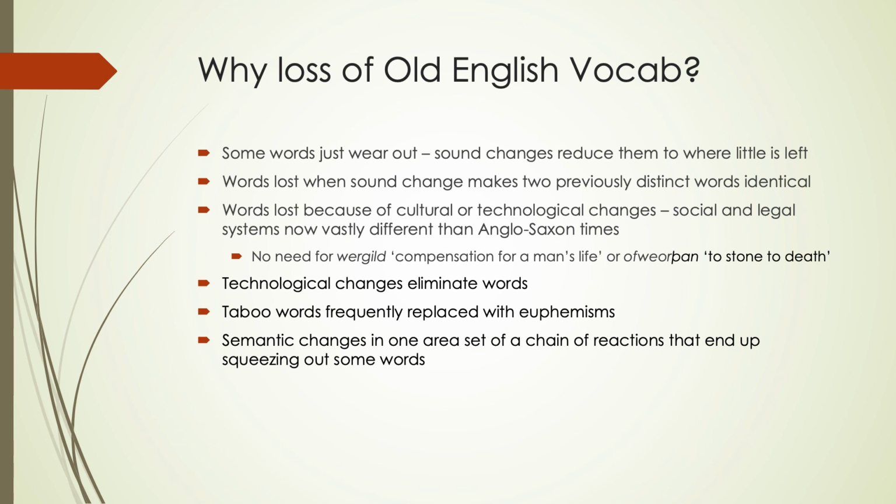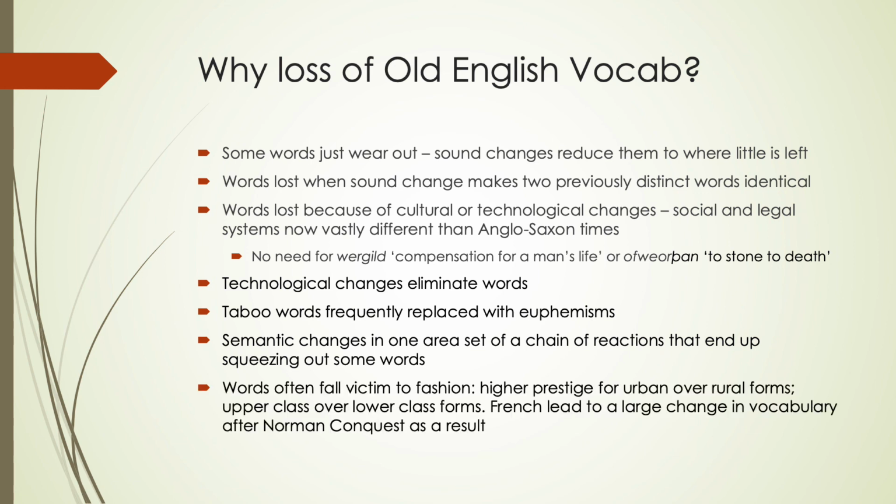And then what we often see in Old English, as well as in other languages around the world historically, is that words will fall victim to what's fashionable, what's determined to be useful. So there's a higher prestige generally for urban forms over rural forms, so those tend to take over, and upper class, more prestigious forms versus lower class forms, those tend to take over.